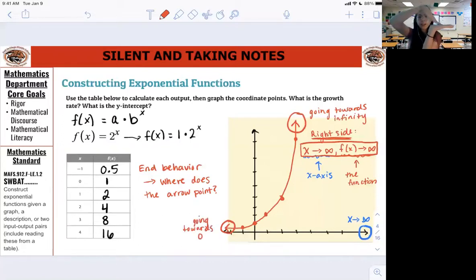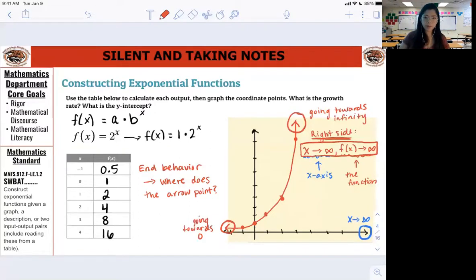It's trying to land on the x-axis, but it's never going to get there. It's going to get super, super close, but it's never going to touch what you can think of as the ground, 0.